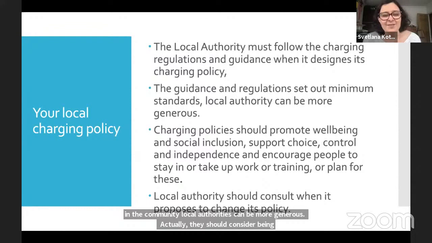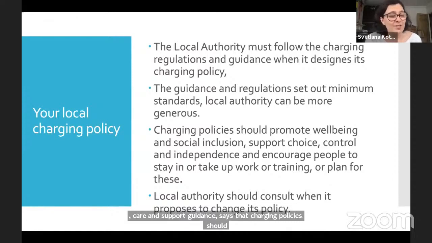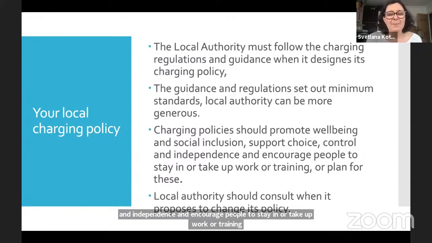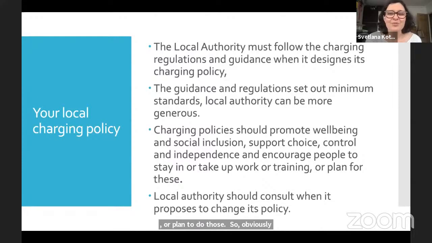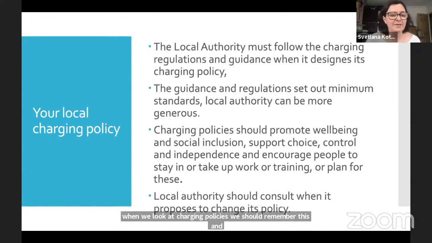So the Care and Support guidance says that charging policies should promote well-being and social inclusion, support choice, control, and independence, and encourage people to stay in or take up work or training or plan to do those. So obviously, when we look at charging policies, we should remember this and ask how that promotes well-being and independence and choice and control.